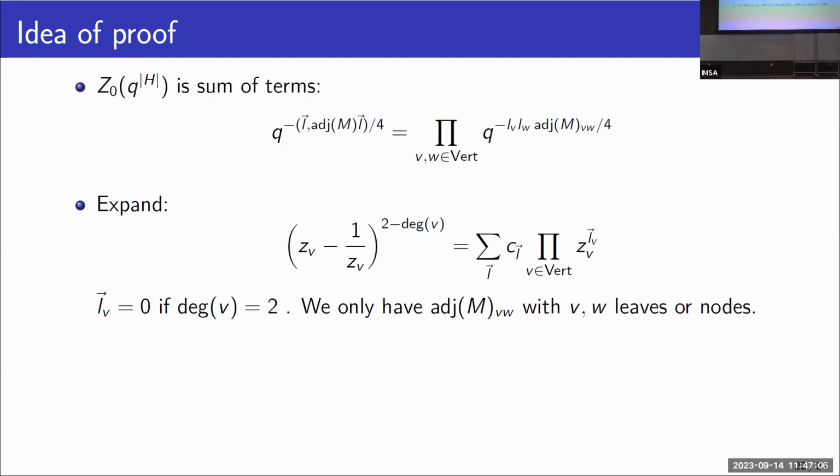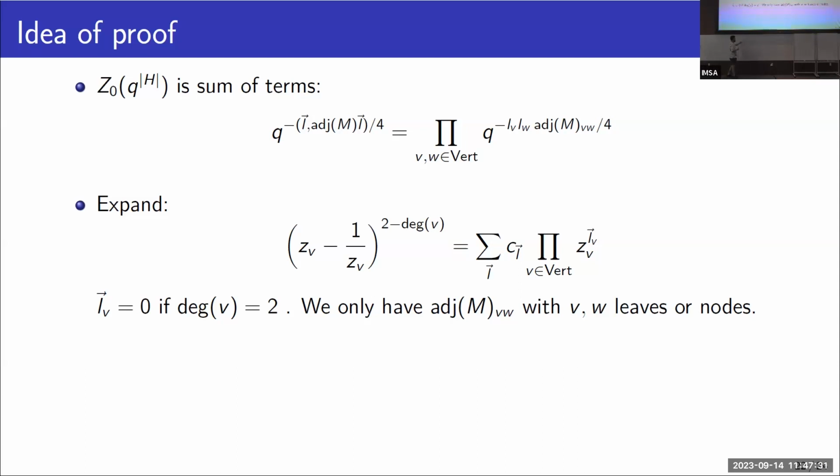When we expand it, we can notice, because of this 2 minus degree V, that if the degree is 2, we will have just 1, right? There will be no variable ZV for degree 2. So all these vectors in the expansion will have zeros when we have degree 2 vertices.